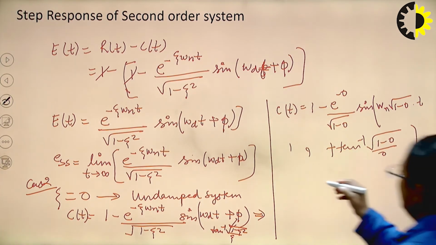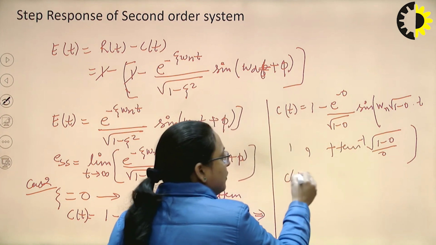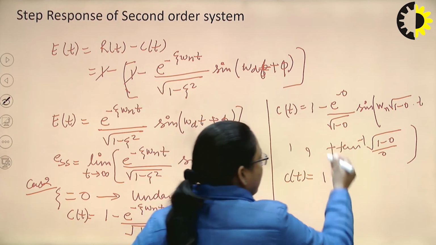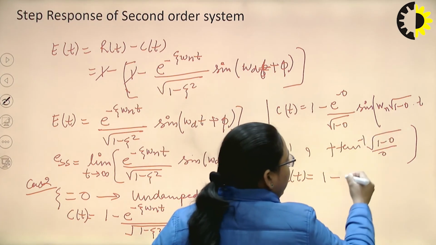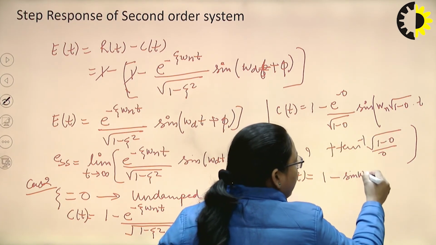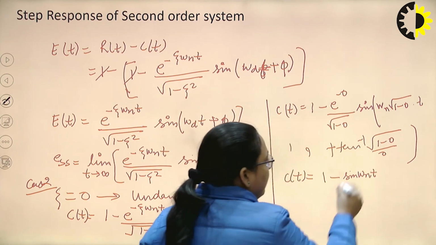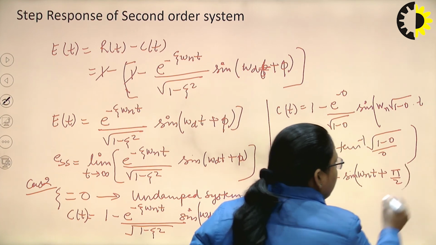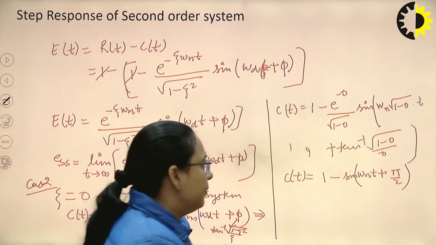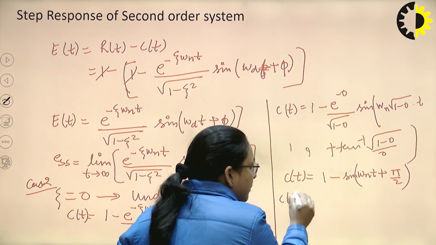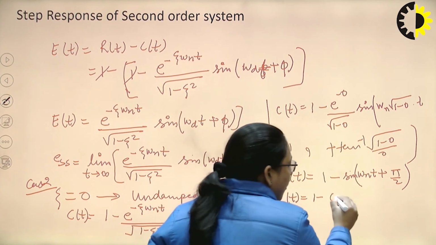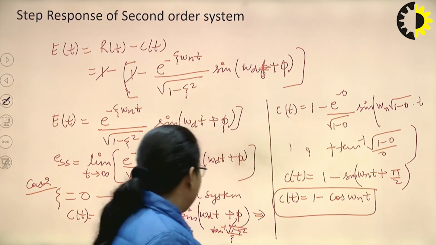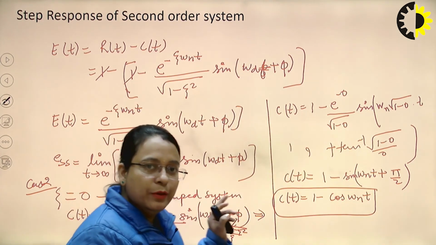So c(t) will be equal to 1 minus sine omega n t plus pi by 2, since tan inverse infinity is equal to pi by 2. So it can be written as c(t) equals 1 minus cos omega n t. This is the case when the value of zeta is equal to 0.